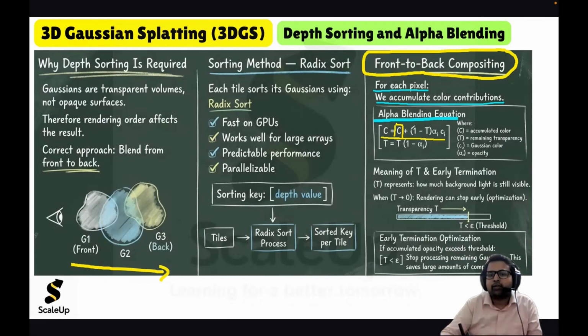Alpha_i is the opacity of the ith Gaussian, and C_i is the color of the ith 3D Gaussian. T is the transparency, and this transparency will keep on updating. This is the formula for transparency. Now we'll get a feel for how this is working. In order to understand this, let me just get rid of all the lines.